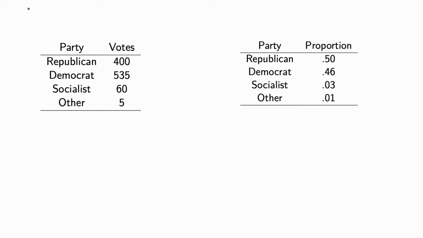To explain how you would use it in a real problem, let's go over this example. This is fake election data. Let's say previously there was a political election, and at the population level, this was the following distribution of how people voted. For Republican, 50% of people voted for this party, 46% voted for Democrats, 3% for Socialists, and 1% for other.